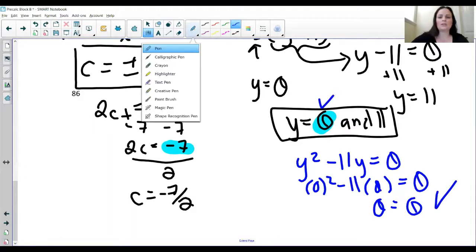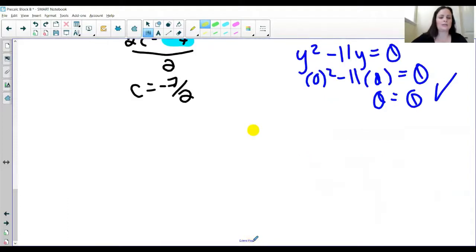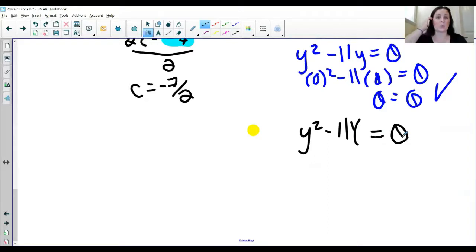And then you're going to check the second one. And you should always check your answers, but I recognize sometimes time is not our friend. So we have y squared minus 11, oops, I jumped the gun here, y equals 0. And our second solution was that y equals 11.